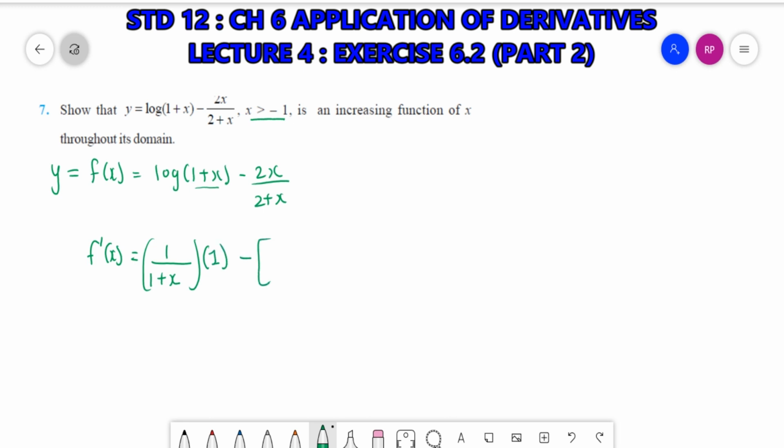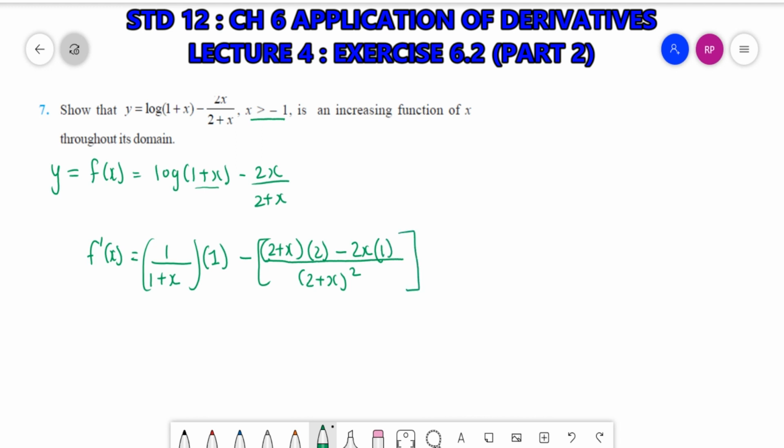Minus. Now here we will use the derivative of u by v formula. So (2 plus x) whole square in the denominator, 2 plus x as it is, derivative of 2x is 2, minus 2x as it is, derivative of 2 plus x that is equal to 1.